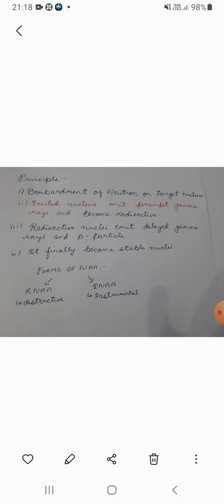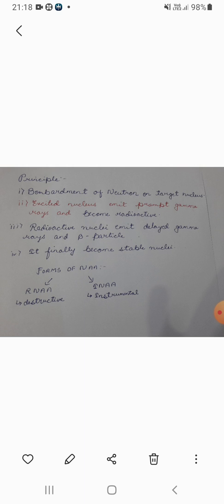But INAA, that is instrumental neutron activation analysis, is non-destructive. Means there is no modification after bombardment of neutrons. The non-radioactive compound becomes a radioactive compound and we can analyze the sample.